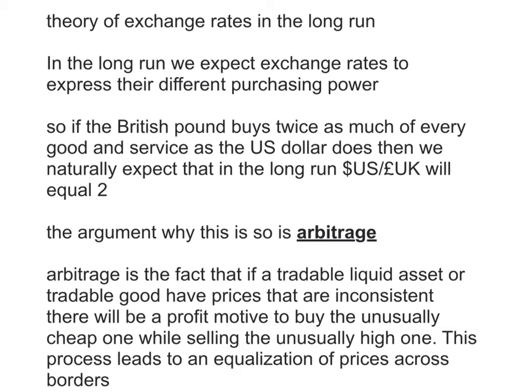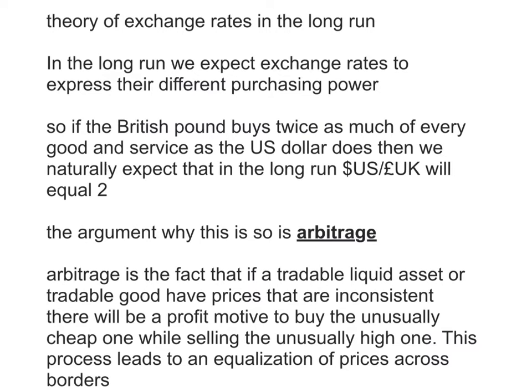Now we're going to move on to the discussion of theory of determination of exchange rates. Why is it that different currencies have different rates of exchange? What's called the theory of purchasing power parity predicts that in the long run, exchange rates will reflect the different purchasing power of different currencies.